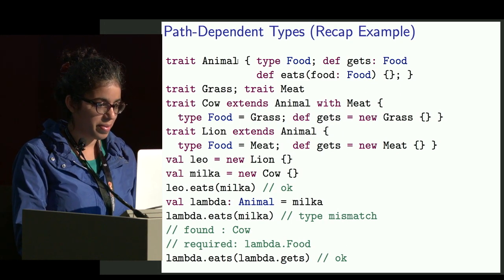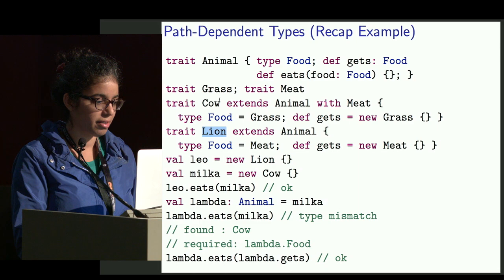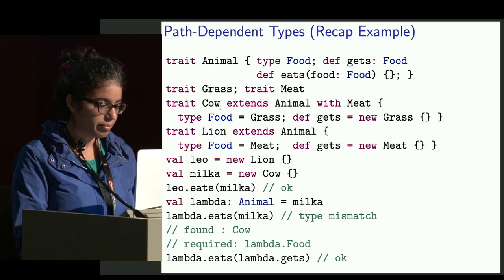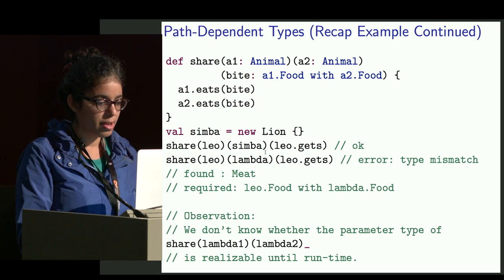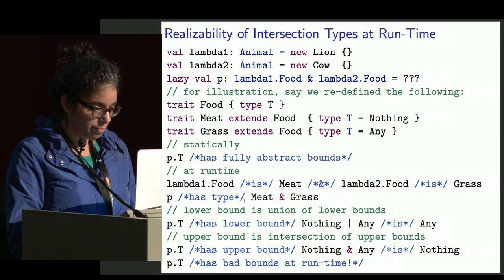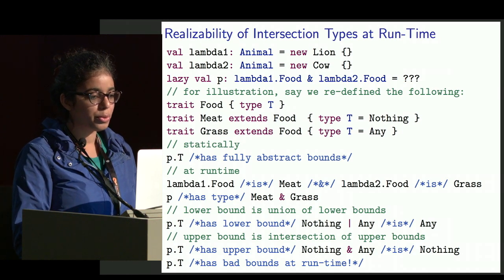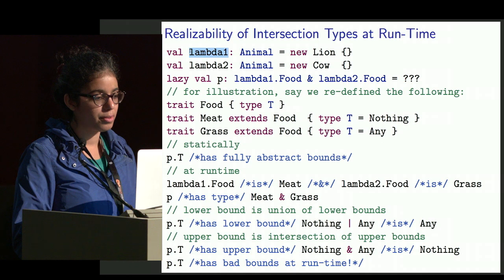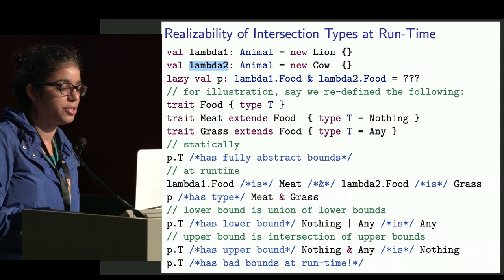If you have an animal that has a type member food, and then a lion where food is meat and a cow where food is grass, you might want to share a byte between two animals, and let's think of it as taking the intersection. But if you have two unknown animals, you don't know whether they can share a byte until you have the most precise type of these animals.